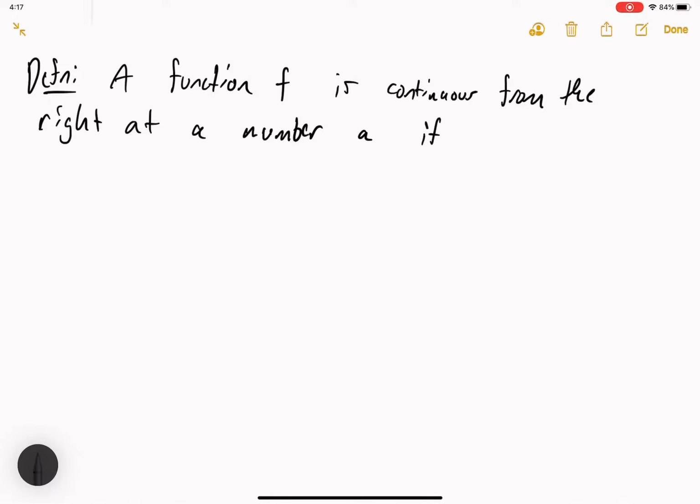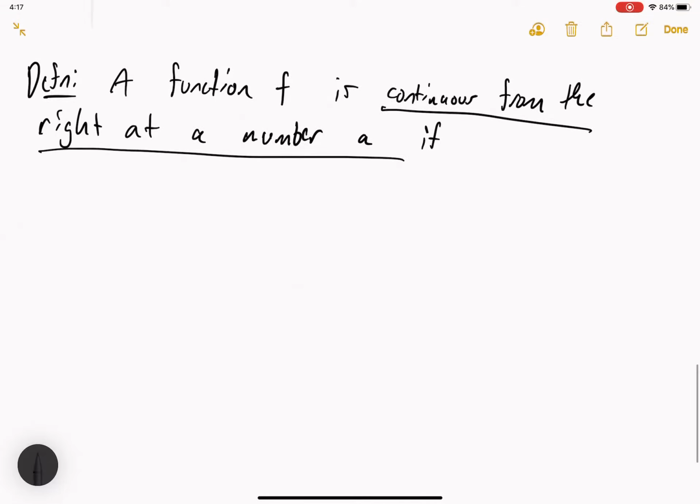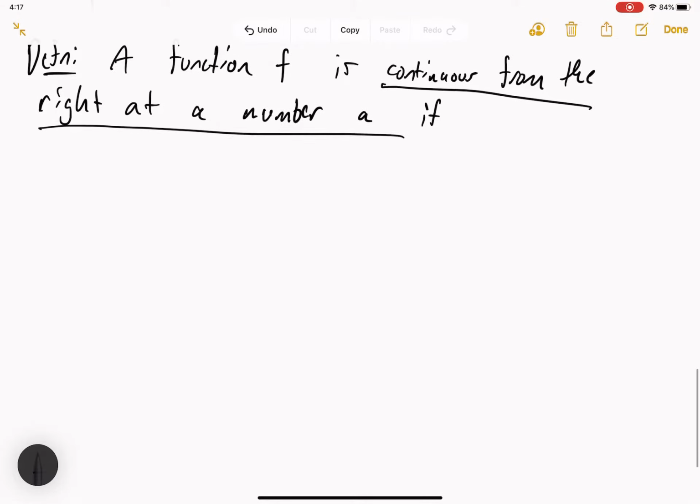I think you guys can probably guess what it is. That the limit as x goes to a from the right of f of x is equal to f of a.